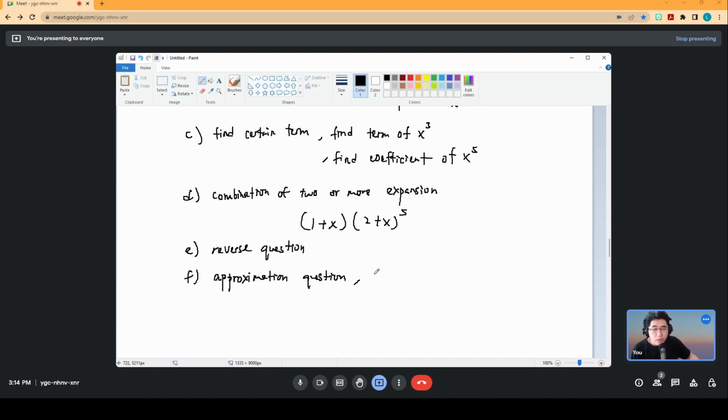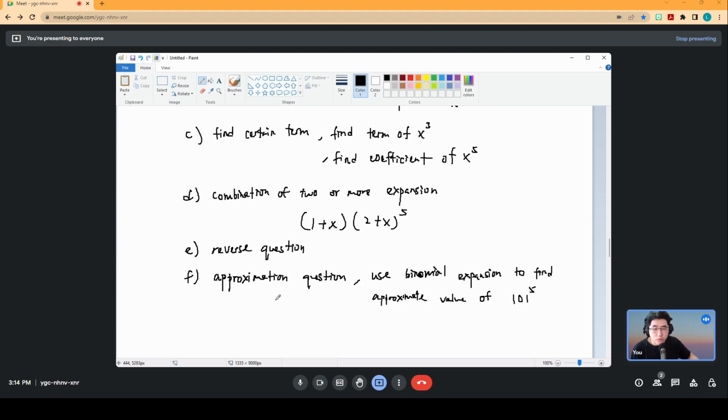The question may be: use binomial expansion to find the approximate value of maybe 101 power 5.